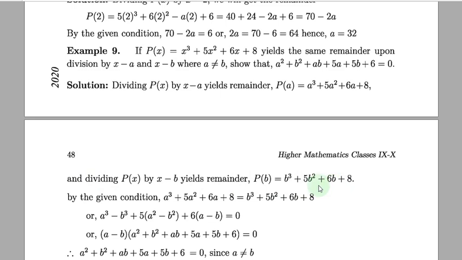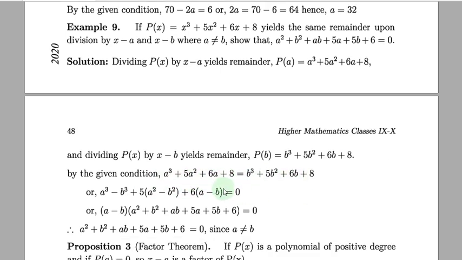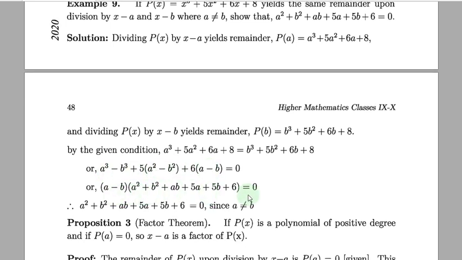So p(b) will be like this, and by the condition in the question the remainder will be the same. So p(a) and p(b) are the same, so we can write them equal. And now calculating this, we find this.